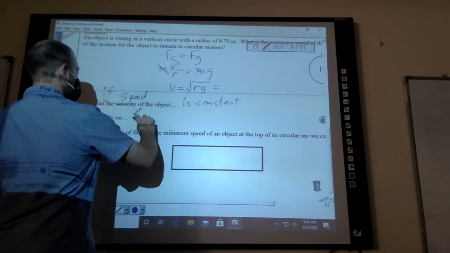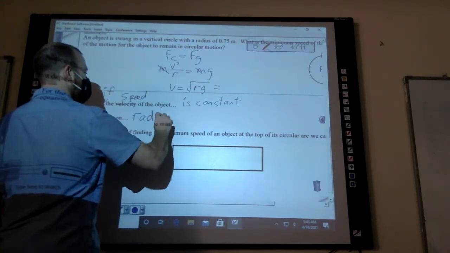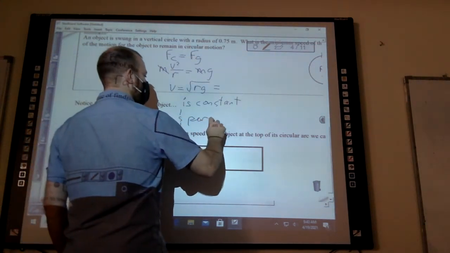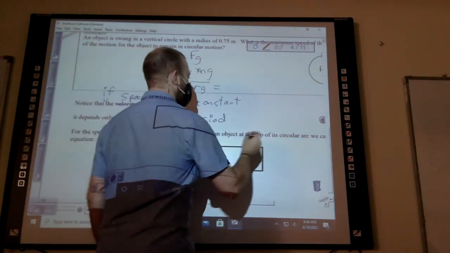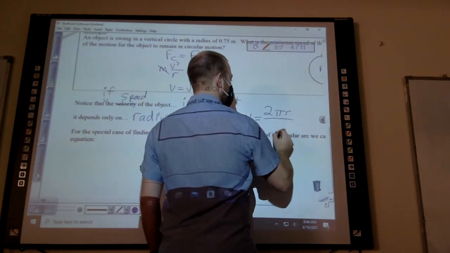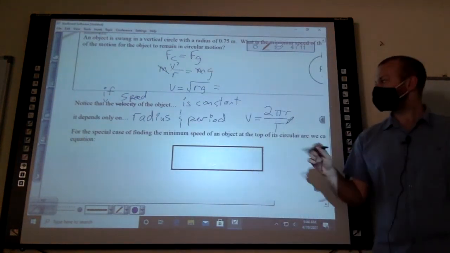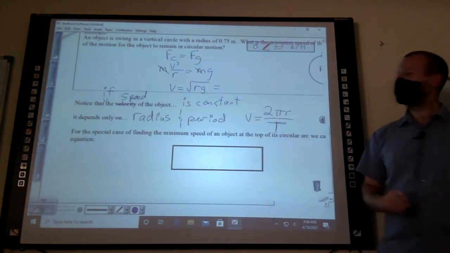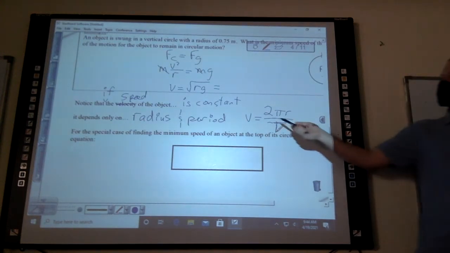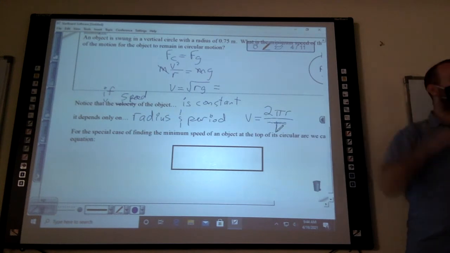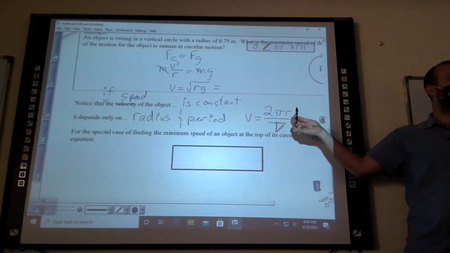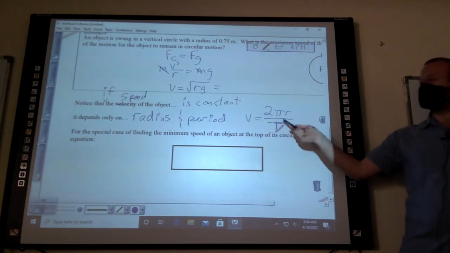It's going to depend on the radius and the period. So this is alluding to our equation we had yesterday, v equals 2 pi r over the period. We got this from speed is distance over time. If we look at one complete circle, the distance traveled is 2 pi r, and the time to do one complete circle is the period.